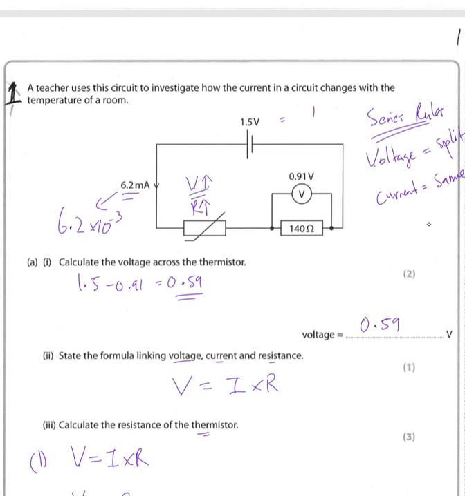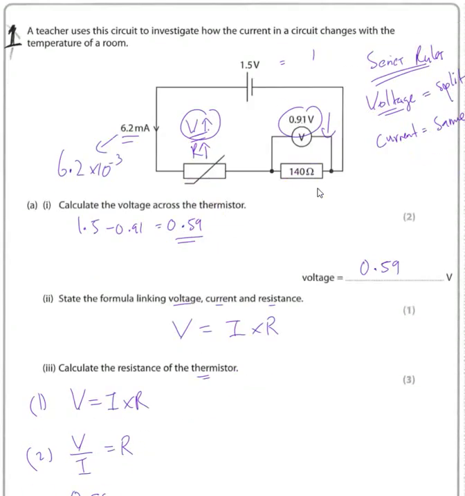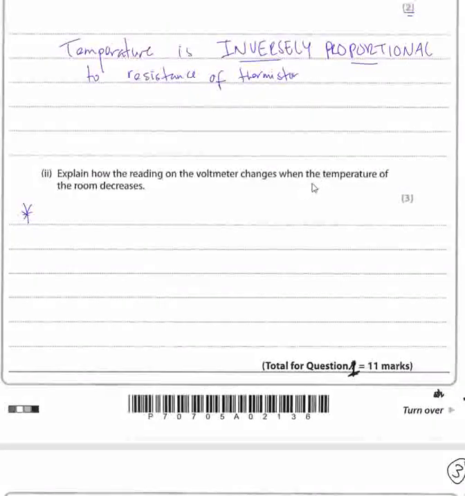It means this one will take a bigger portion. Before it was taking 0.59, and now it's going to take more. Since the voltage is split, if this is taking more, this one here has to go down. That's how it works, and that's how we're going to word this properly.